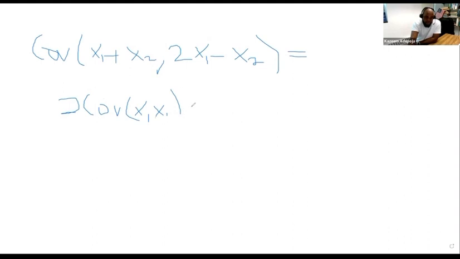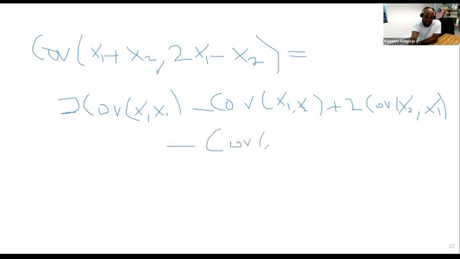Now the next one is going to be Cov(x1, x2), followed by 2 times Cov(x2, x1), minus Cov(x2, x2). Now it's like x1 times this, x1 times that, the way you always do that.